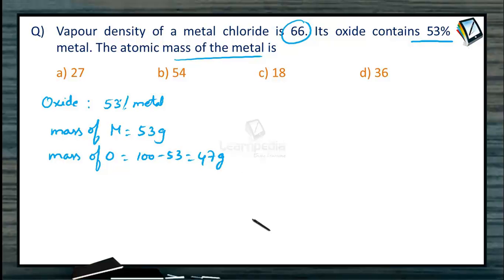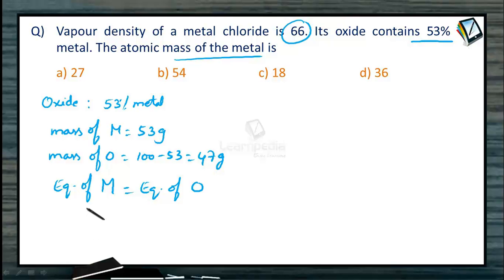And we know the very basic concept that any two substances always react in the ratio of their equivalent masses, isn't it? So the number of equivalents of metal is equal to the number of equivalents of oxygen. And how will we calculate the number of equivalents when mass is known? It is nothing but mass upon gram equivalent mass.